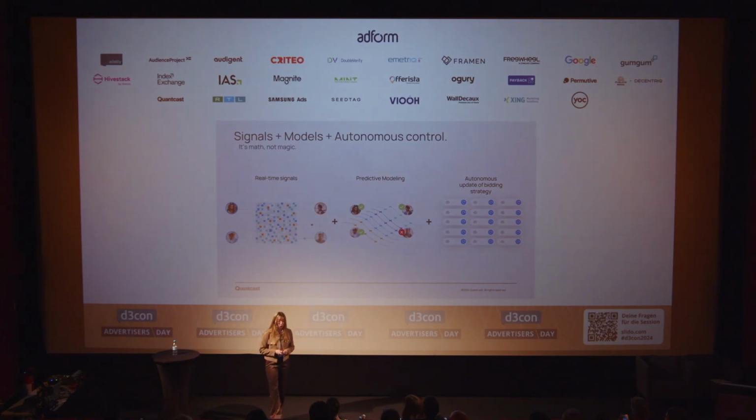Basically, you have the possibility with your algorithm, which is based primarily on machine learning and, as mentioned, natural language processing, to not use data segments, but rather process signals in real time. What's the difference?